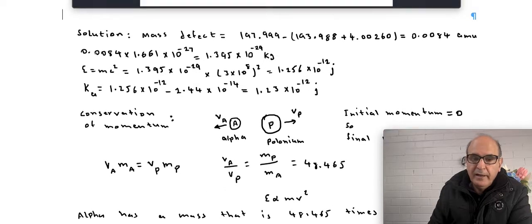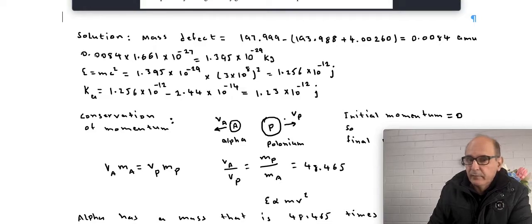On the other hand, the two particles, alpha particle and polonium, both have kinetic energy, so they have a velocity. But to have a total momentum of 0, the velocities must be in different directions, and the magnitudes of the momenta must be equal.